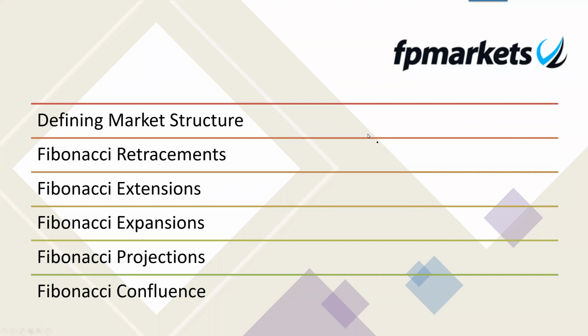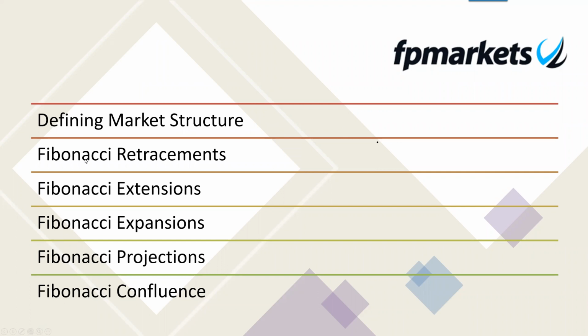All right, so in terms of the content for this afternoon's webinar, we're going to look at briefly defining market structure. This is the higher highs, higher lows, lower highs, the trend structure, basically, because we do need this to define Fibonacci ratios.